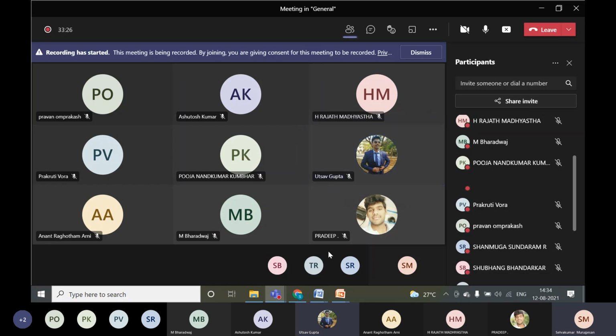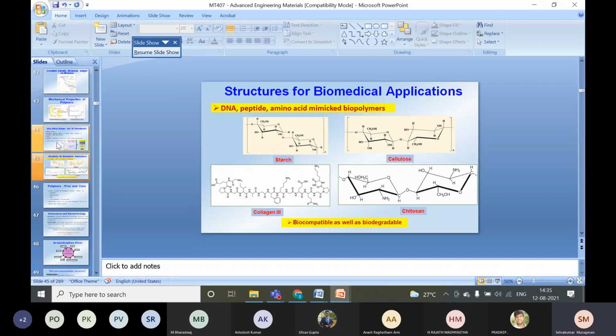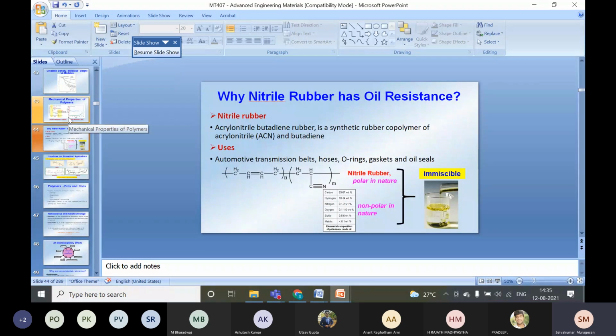Yeah, you can say leakage or resistance, both are the same, interchangeably. It has oil resistance properties, so it's used for leakage prevention. If the resistance is not that great, then leakage will be there.